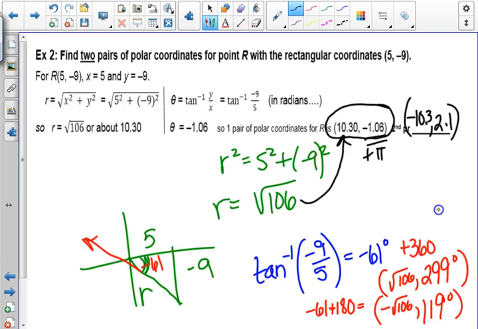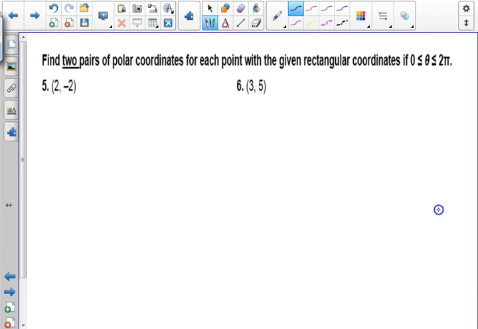Now the problem is on the next section, they say that the first answer they gave us wouldn't have even worked, because look what the directions say. The first answer we got had negative 1.03. That doesn't fall between 0 and 2 pi. Okay, I'm not liking these questions, but I will tell you this.